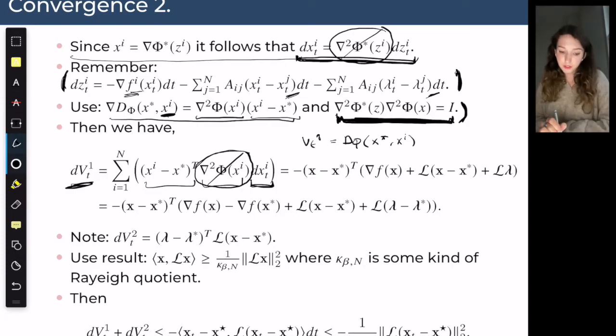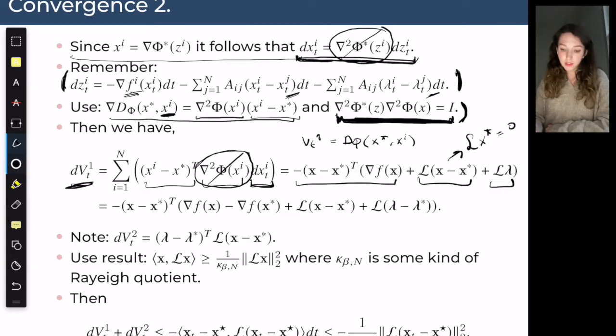So what we're left with, just filling in for the dynamics of xti, is this first part coming from the gradient, second part coming from our interaction in x and the interaction in lambda. And one thing that I've used here is that L applied to x star is 0.